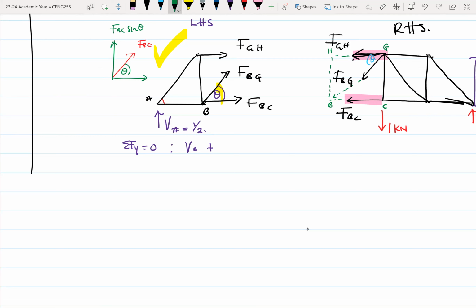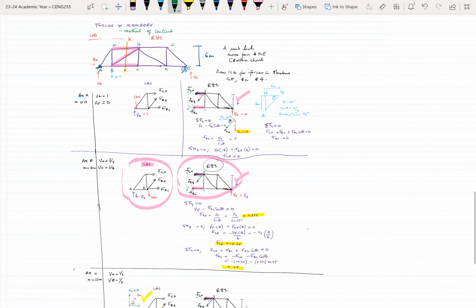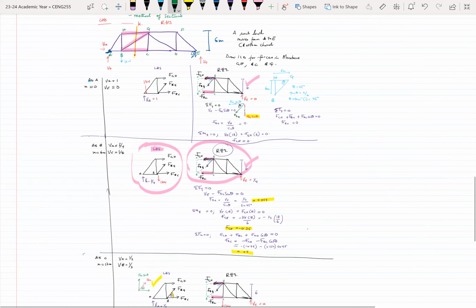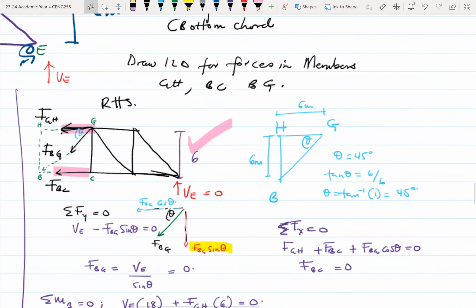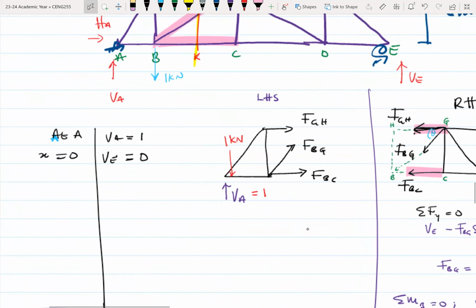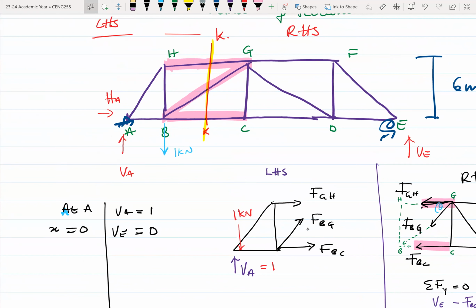So what about the horizontal forces? I did mention earlier that when it comes to the reactions, going all the way back, because you only have vertical loads, I mean your unit load is a vertical load, right?